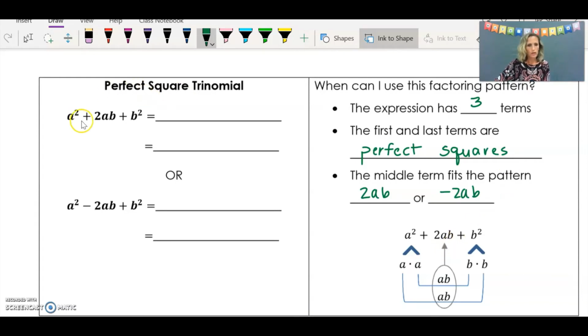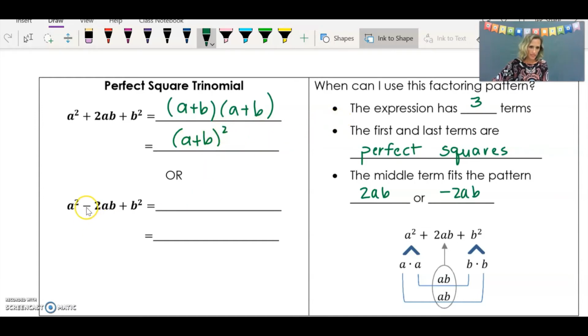And so over here, if it's a squared plus 2ab plus b squared, then I should expect the two identical binomial factors to be a plus b and a plus b. Again, they're going to be matching, and we could rewrite this as a plus b quantity squared.